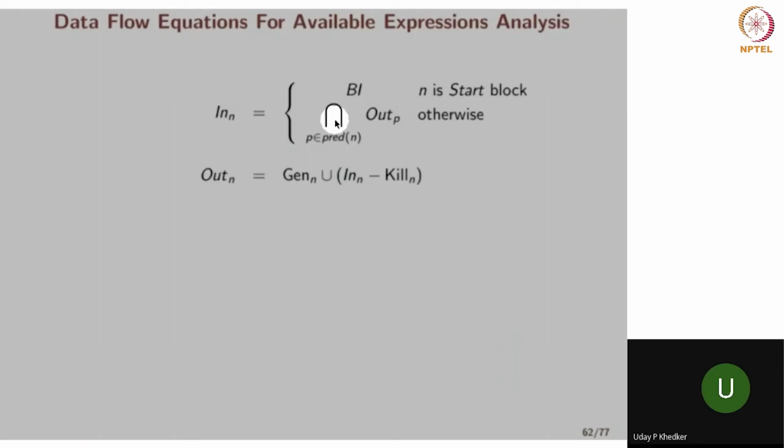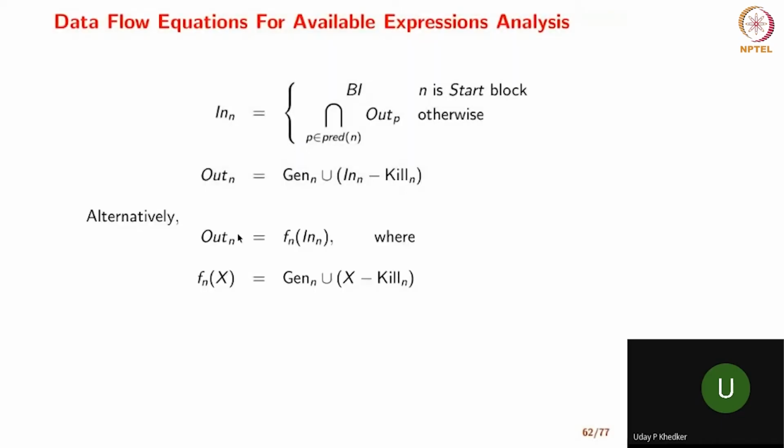But you see the form still remains the same. Now we compute out of n as the expressions whose availability is generated within the basic block, and we remove from the entry of the block those expressions whose availability is killed by this particular basic block.